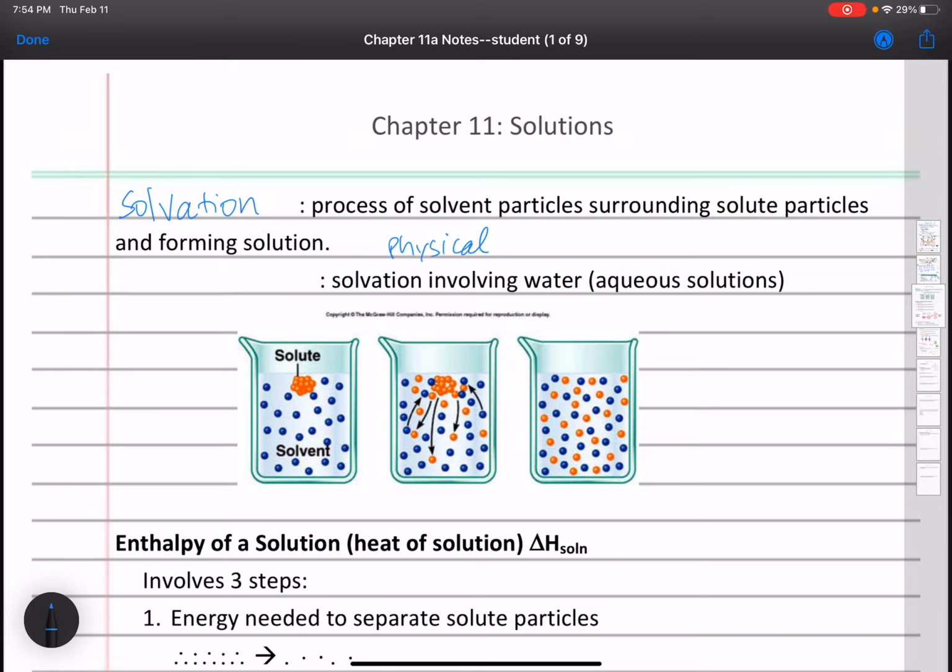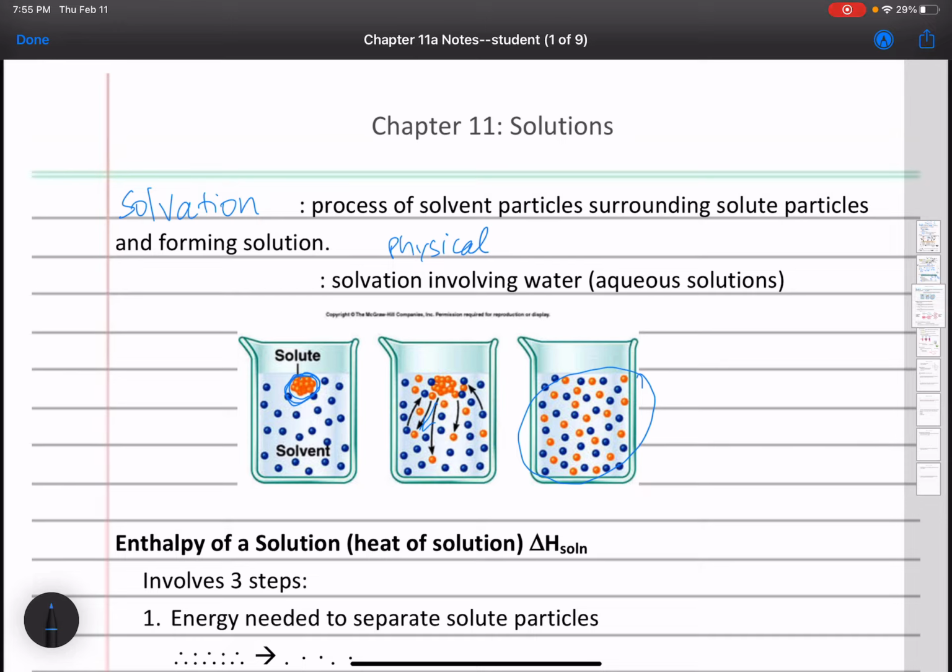You have solute, which is a bunch of molecules of the same material held together by intermolecular forces. Those intermolecular forces are disrupted and the solute moves out and disperses within the solvent. That's the force of entropy taking action there, this diffusion.